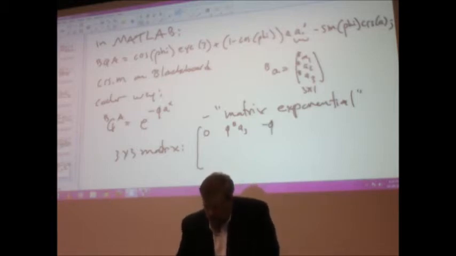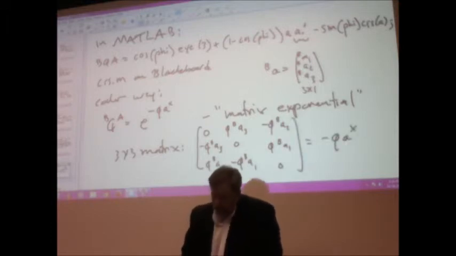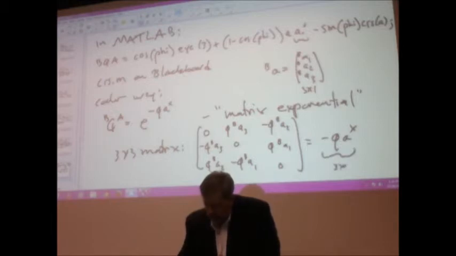Minus phi A2, and then plus, right here, phi A1, and then the negatives of these across the diagonal because it's skew symmetric. Plus phi A2 minus phi A1. So that is that minus phi A cross matrix, a 3x3 matrix.